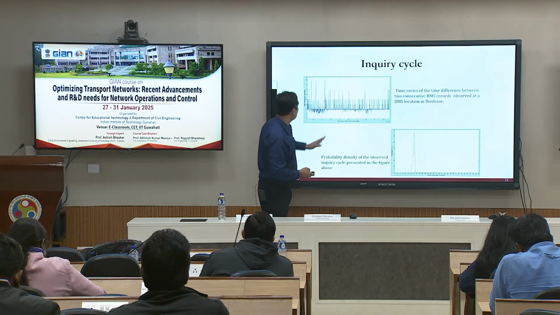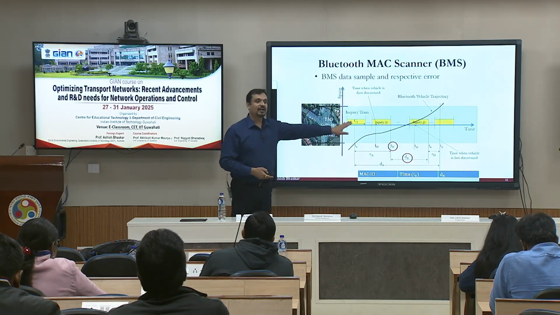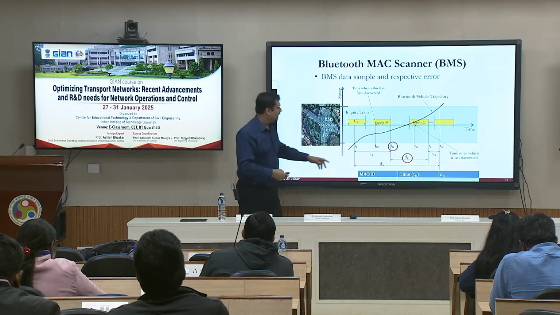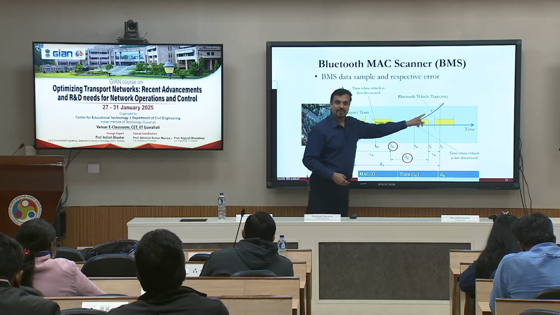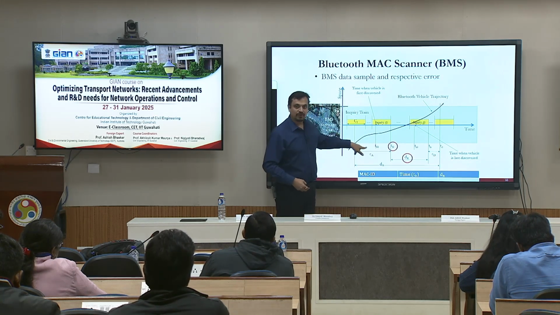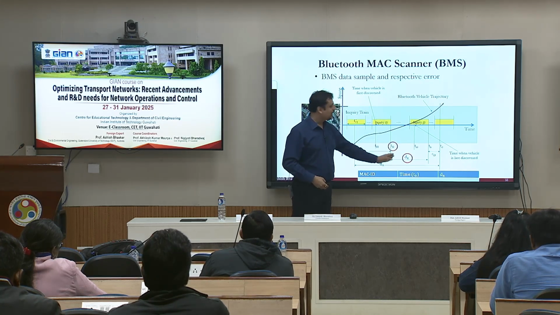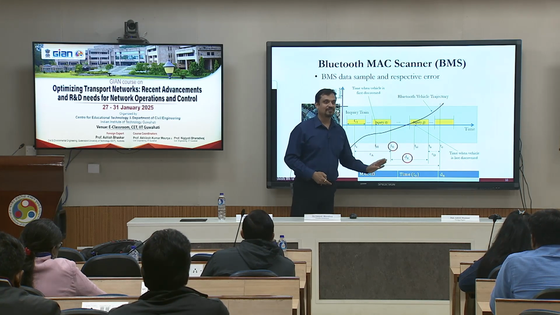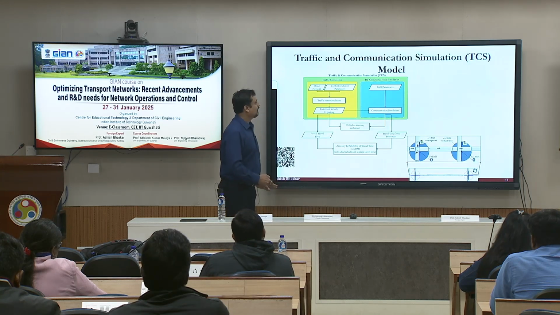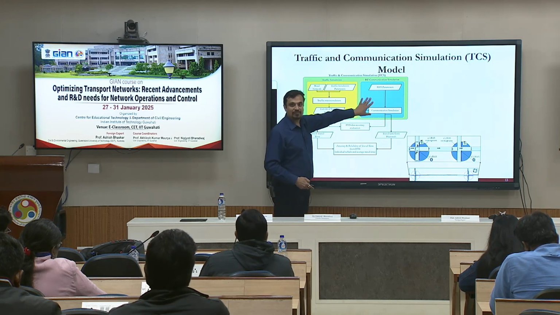Whatever I have explained here, we wrote code so that if I have a vehicle trajectory, an error distribution or probability of observation, and the corresponding scan cycle, we can simulate this data set. We built that simulation in simple MATLAB.